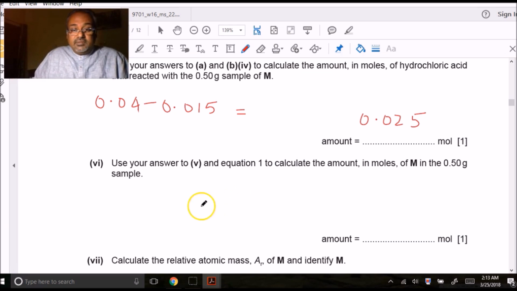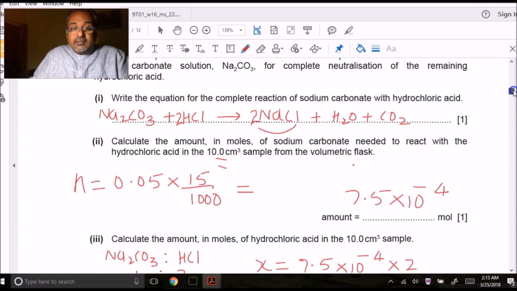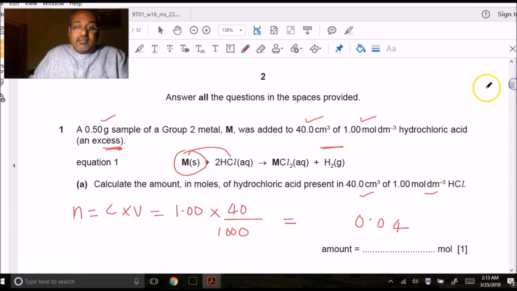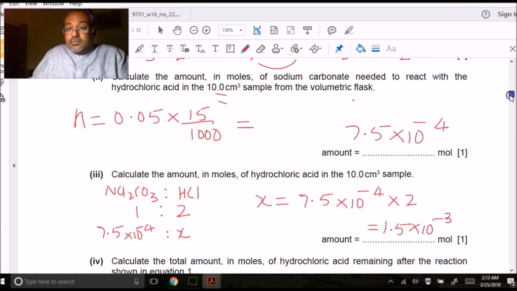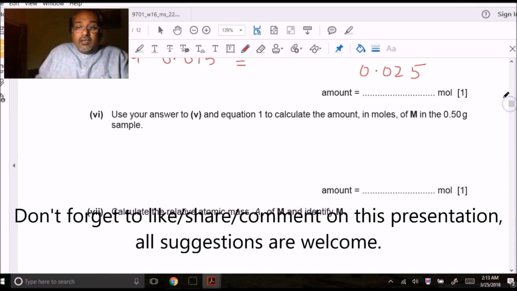And then use this answer to find the moles of M. Now this is the moles of the acid that actually reacted. So let's go back to the first question, this equation there. Now I have the moles of the acid, I can use this to find the moles of M. You see the ratio is 1:2. So I'm going to use that here. M to acid was 1:2.